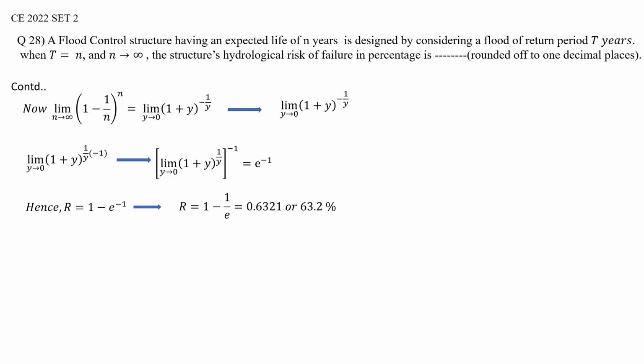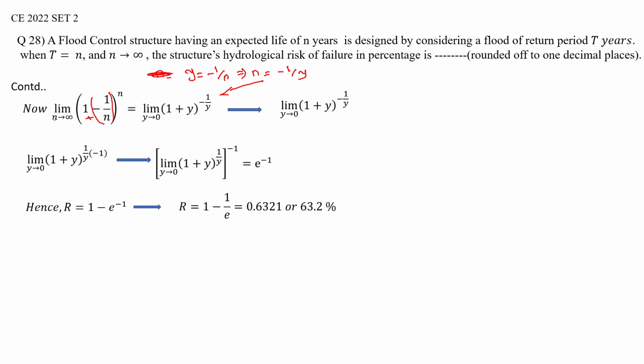So limit n tends to infinity, 1 minus 1 by n whole power n can be written by substituting y in place of n. So limit y tends to 0, 1 plus y whole power minus 1 by y, because y equal to minus 1 by n, so n equal to minus 1 by y.